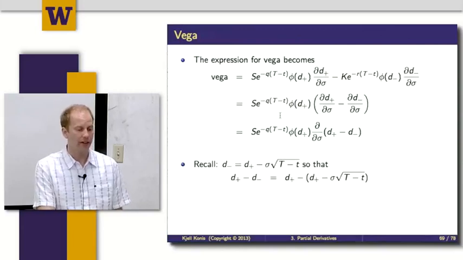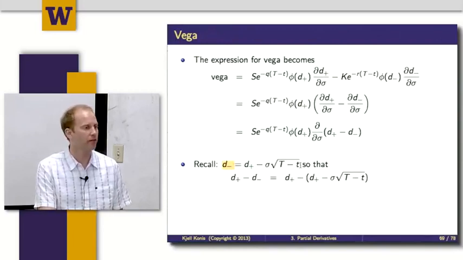And now the trick is to remember that d minus is defined in terms of d plus by this relatively simple expression. So if I want to look at d plus minus d minus, the thing that I'm trying to take the derivative of, I have d plus minus the quantity d plus minus sigma times the square root of t minus t. And so that's d plus minus d plus, so the d plus goes away. And then I have minus negative square root of t minus t.